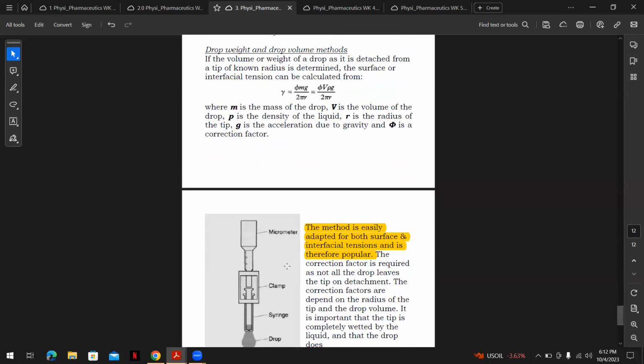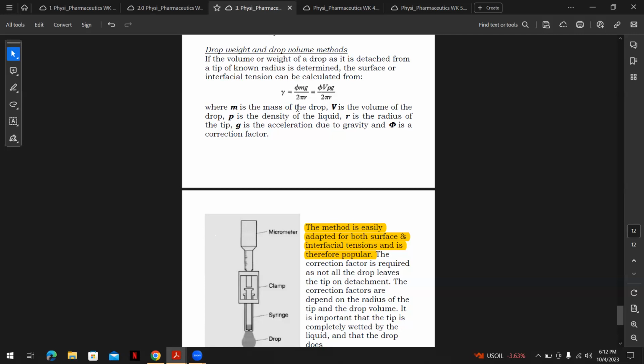And then now for the drop weight and drop volume methods. In the labs, they can measure up to 10 to 20 drops: the initial weight of the beaker prior to the drops, then the final, up to 3 readings. Then they take the average volume and mass. This is when you substitute here.